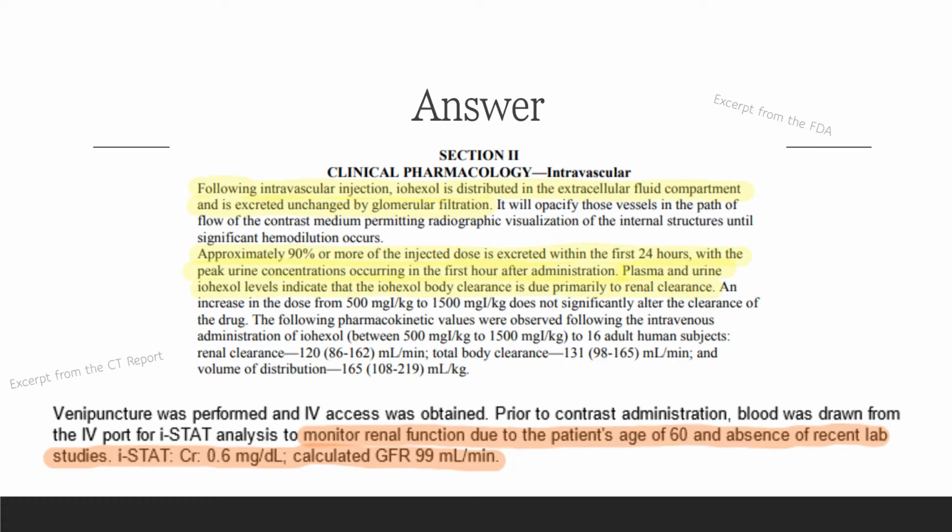And the GFR was 99 milliliters per minute, normal being anywhere greater than 90. So her creatinine and GFR were normal. With those values within the normal limits, the contrast was administered for the CT.